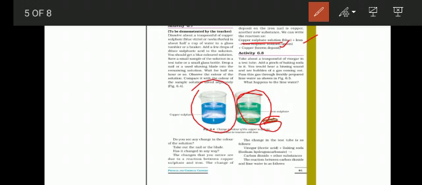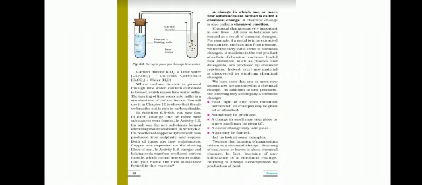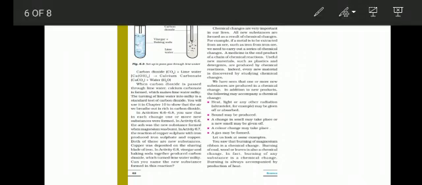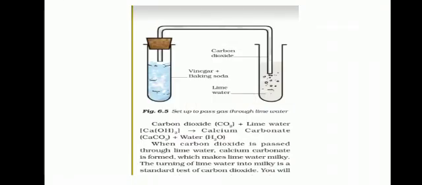Now let's observe the next experiment explained in the textbook. It is also a chemical reaction wherein we take vinegar and mix it with baking soda. What happens when we mix it? When vinegar and baking soda are mixed in a test tube, it produces bubbles.